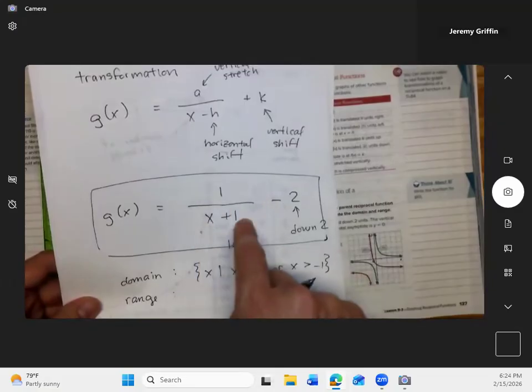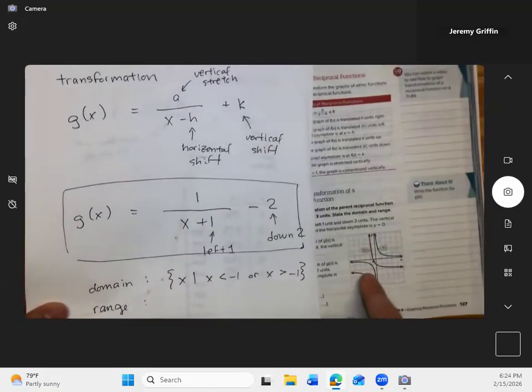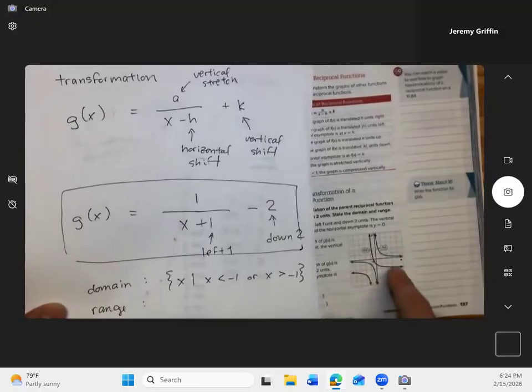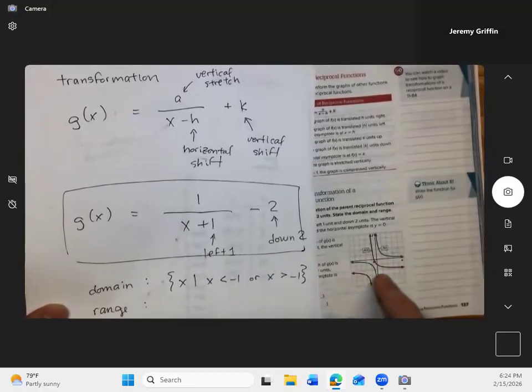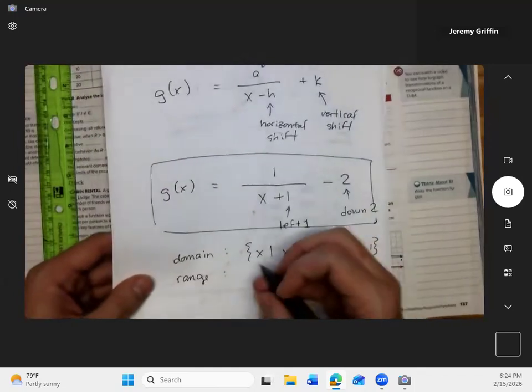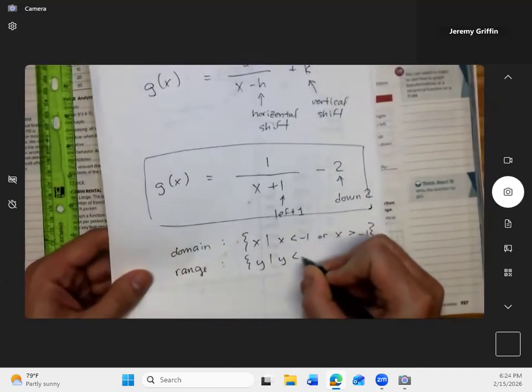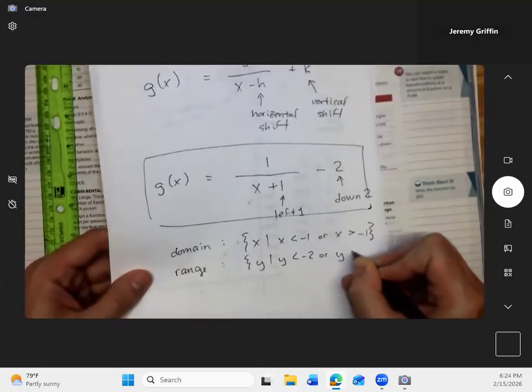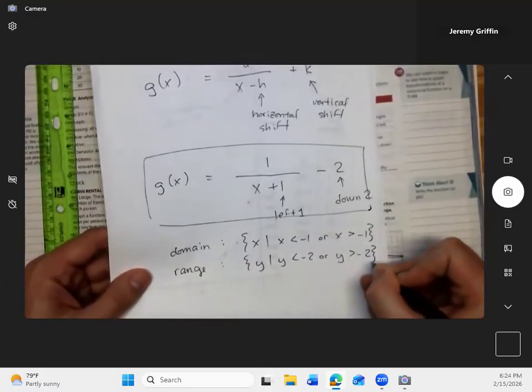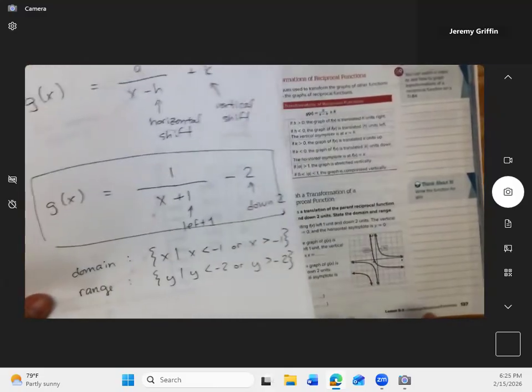This fraction will never be zero. And you can see that too in the graph. I created this equation from this graph. The y value will never be equal to -2. So let's go y such that y is less than -2 or y greater than -2, but it can't equal -2. The range can't.